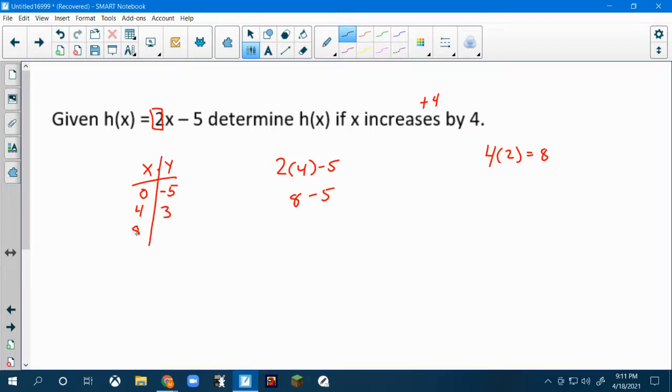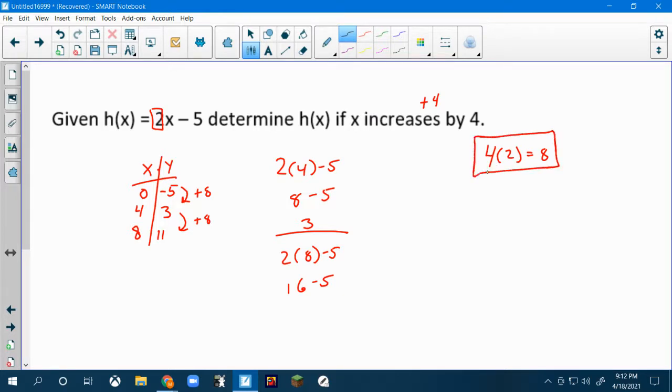Increasing by 4 gives me 8. 2 times 8 minus 5 is 16 minus 5, which is 11. Do I increase by 8? I do. 3 plus 8 is 11. Nice little fun, quick way to make sure you get the right answer.